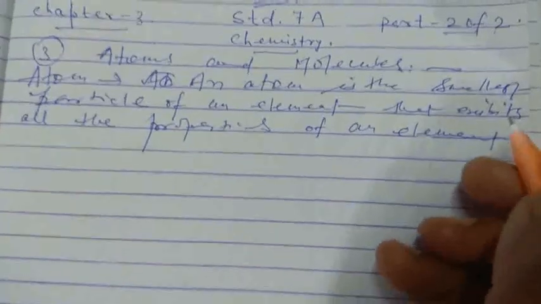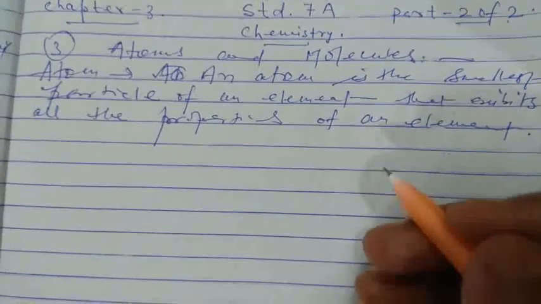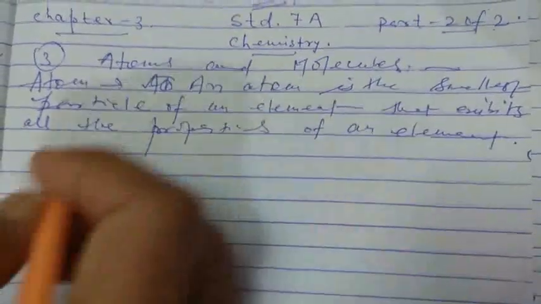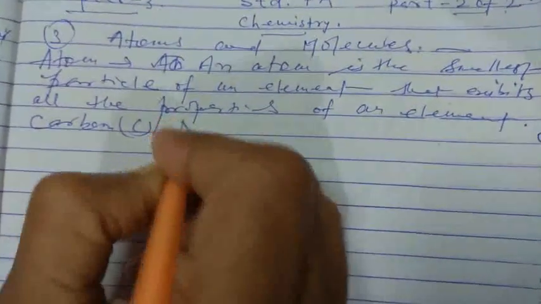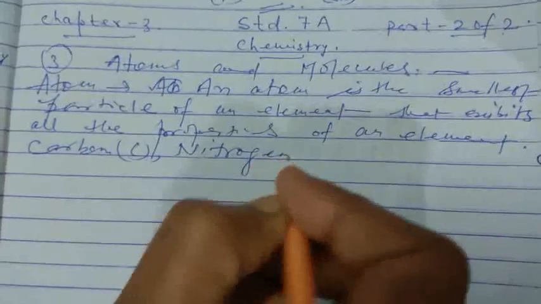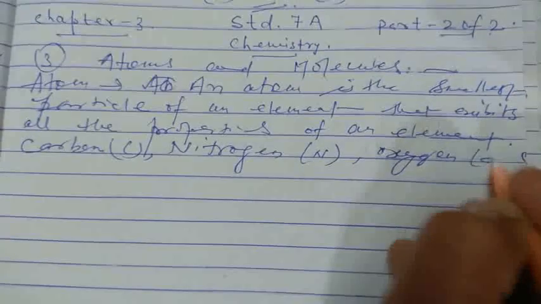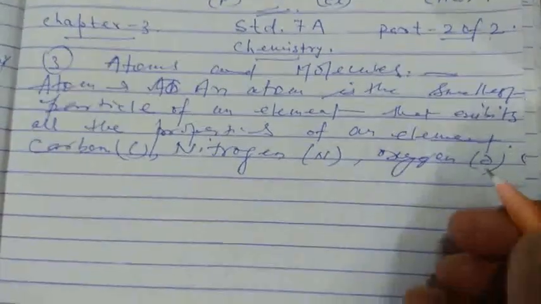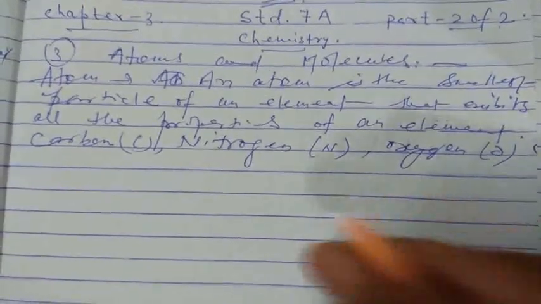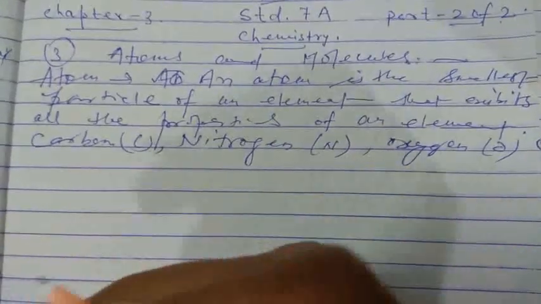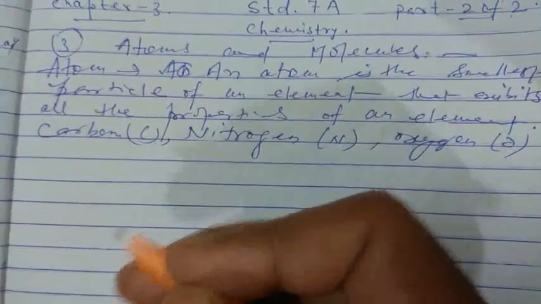Atoms may not exist independently but take part in every chemical reaction. For example, carbon, C, nitrogen, N, oxygen, O atoms, etc. The characteristics of atoms are: number one, most elements are very reactive and do not exist as free atoms.